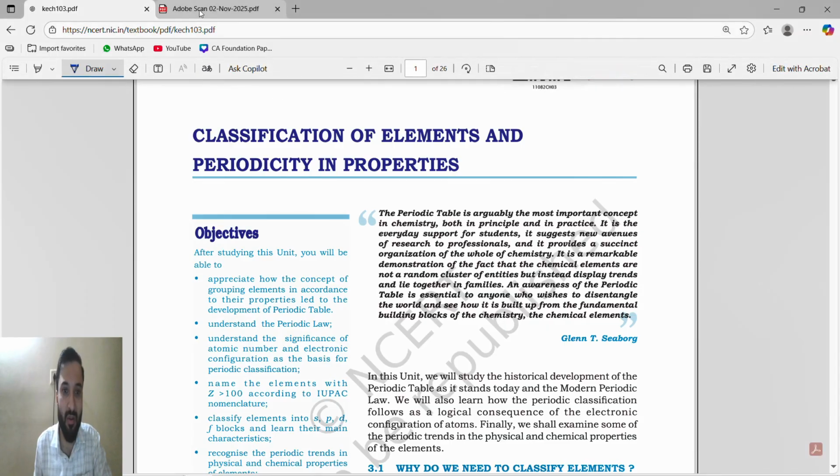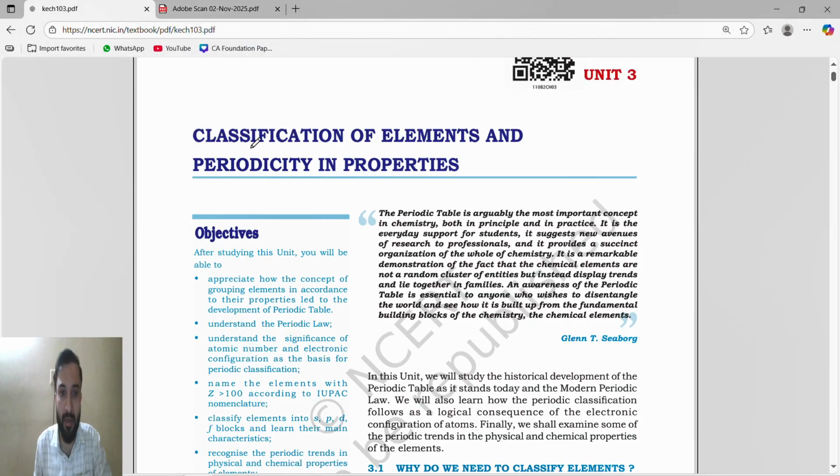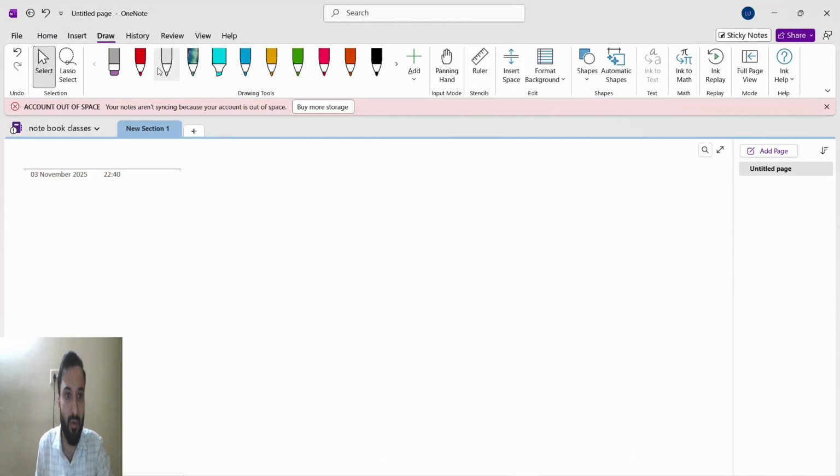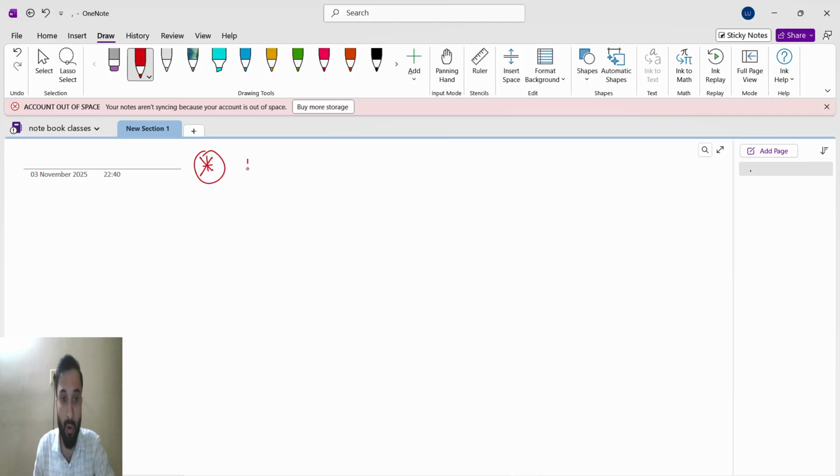Okay, fine. So write the chapter name, classification of elements and periodicity in properties. After the chapter name we will write the heading: what is the periodic table.